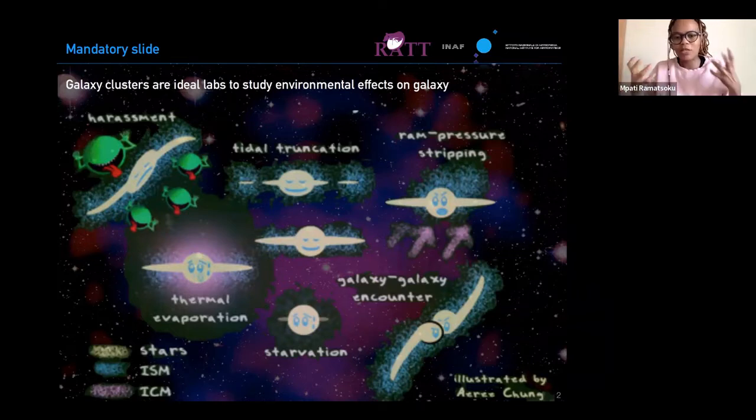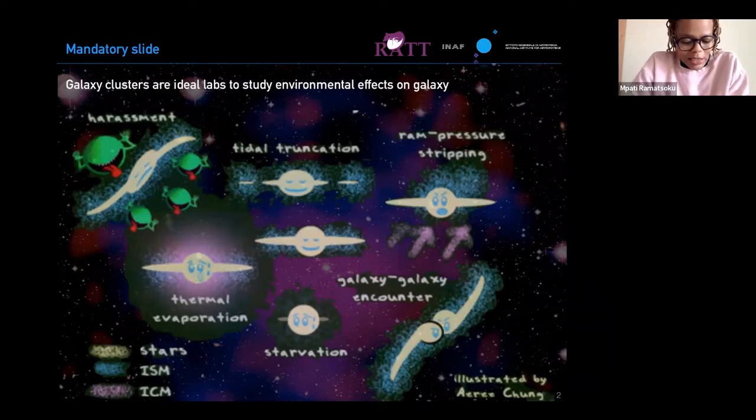This forms part of the hot plasma, the ICM. And around it, you see all these other sub-emissions of X-ray, if you will. And these are the groups or the sub-environments within this galaxy cluster.